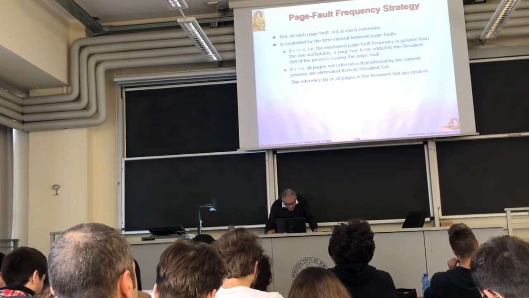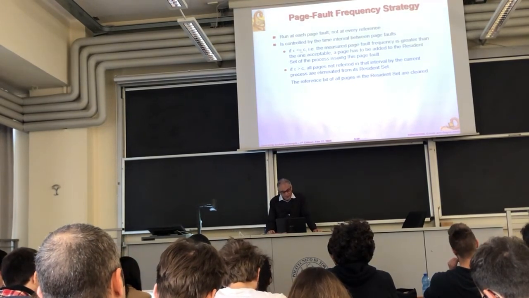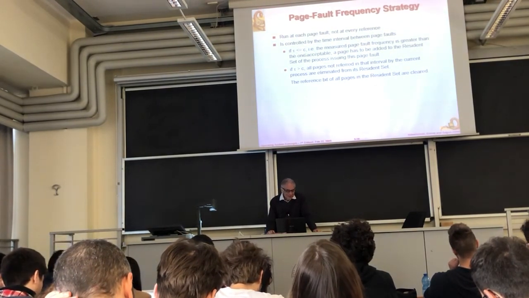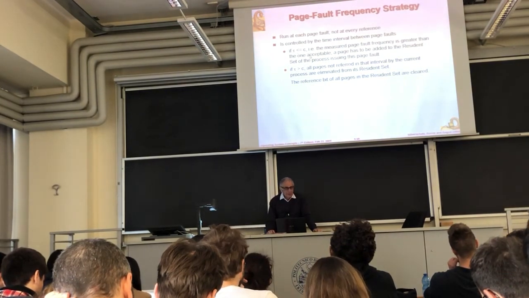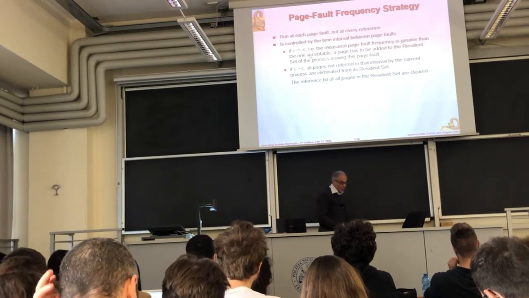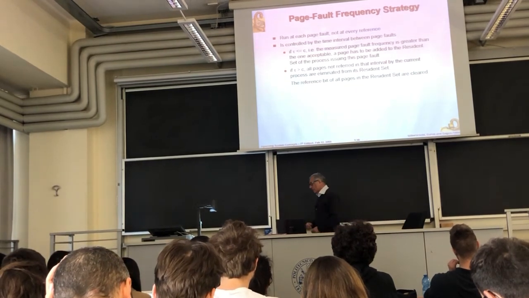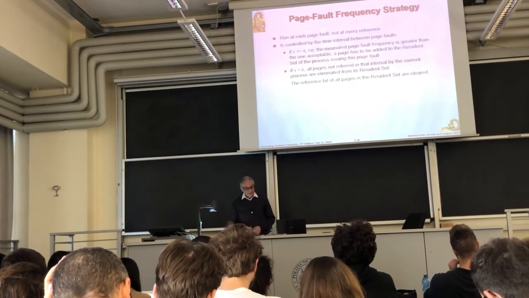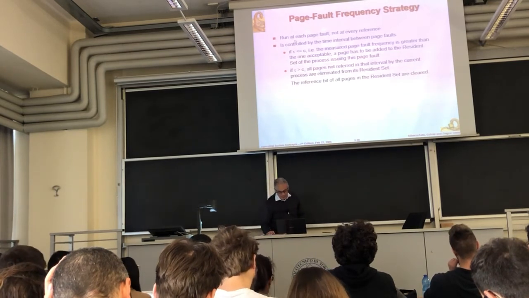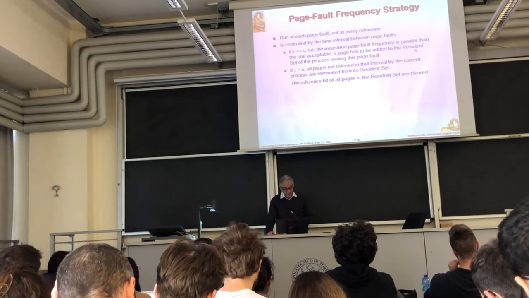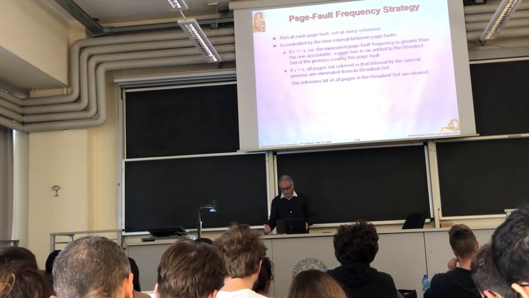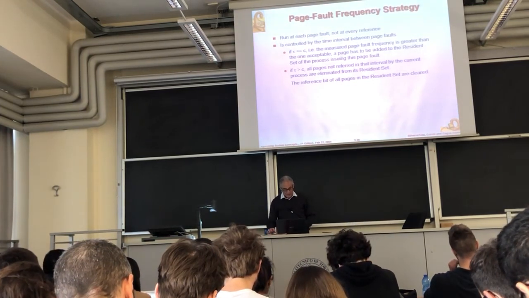Tau is the time and c is the control parameter. So if the time is smaller, the number of page faults is greater than the one we want, so we have to add the page to the residence set of the process that generates the page fault.